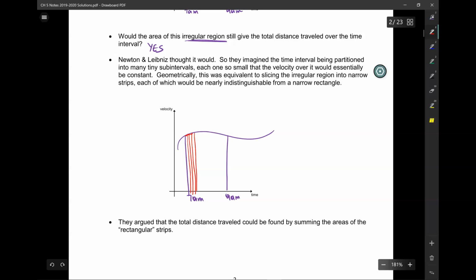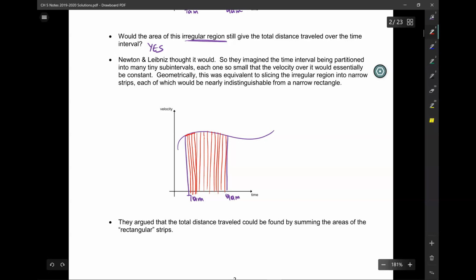Look, if I drew tiny, tiny rectangles, and I found the area of each and every single rectangle, that would eventually give me the area of the entire region.